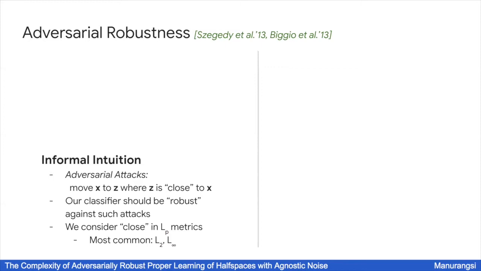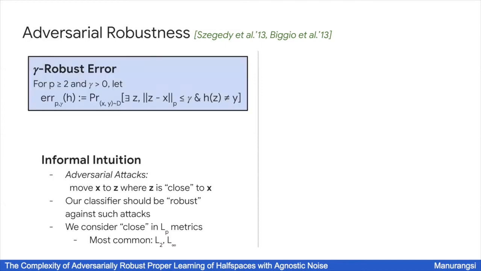All right, with the informal intuition in mind, we can now define formally what a robust error means. For an L_p metric and for robustness parameter gamma, we define the gamma-robust error to be the probability that, if we draw an (x, y) from D, the adversary can execute this attack, where the adversary can move x to any c within the L_p ball of radius gamma, and make the label incorrect.